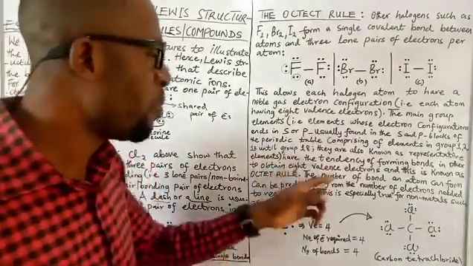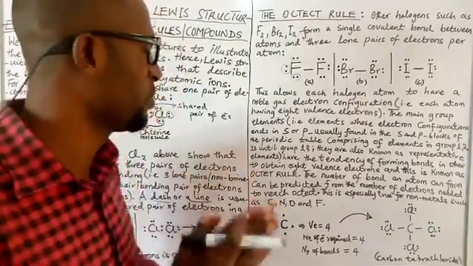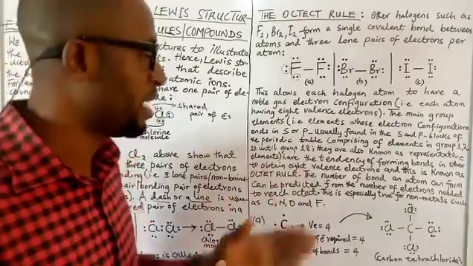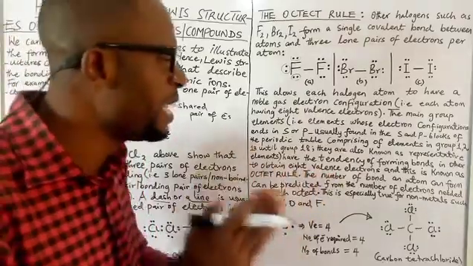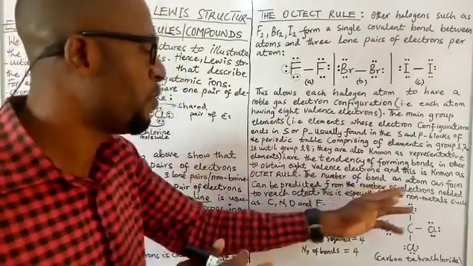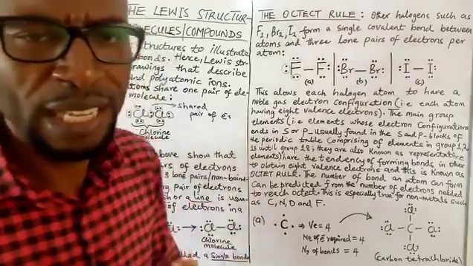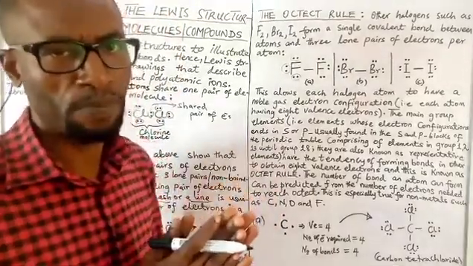Again, the number of covalent bonds that an atom can form can be deduced by merely counting the number of electrons needed for it to become electronically stable or to reach the octet structure.